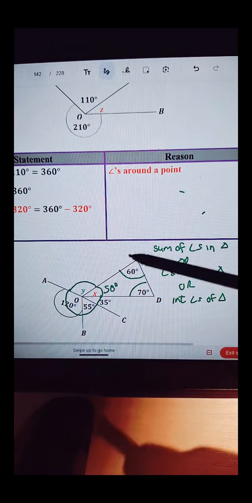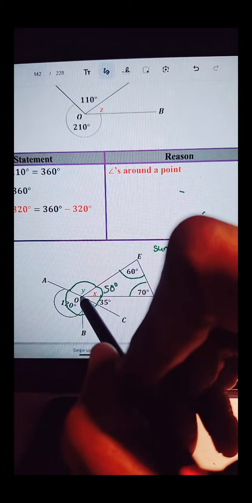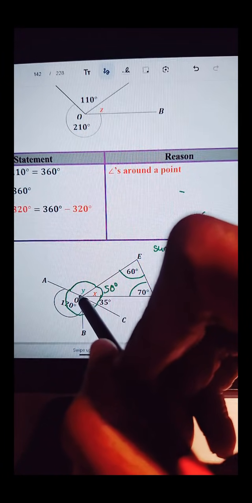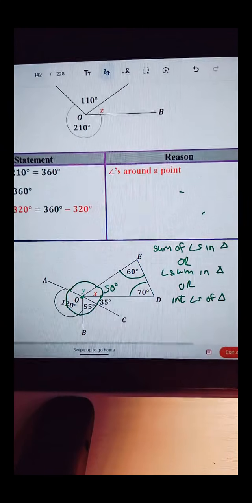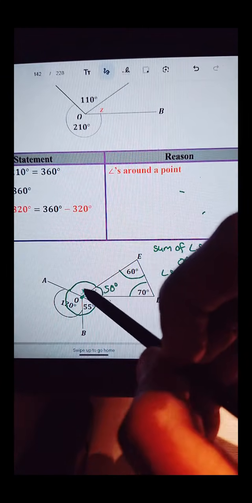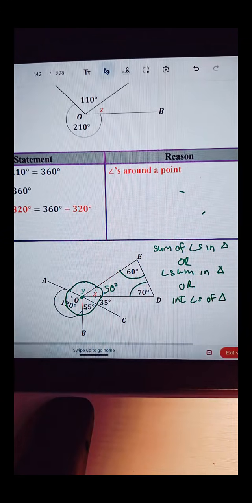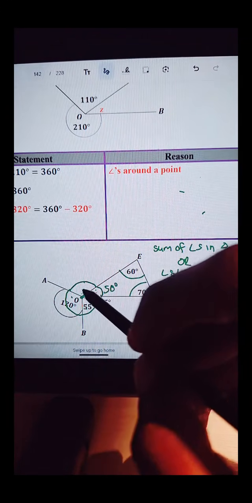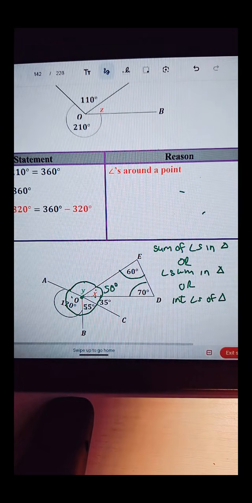So what do we know about a full revolution, full circle? Those are angles around a what, guys? That point, that common vertex. Those angles are around that point, completing a full circle. If it completes a full circle and you have all the angles except one, then it means you can solve for the unknown.